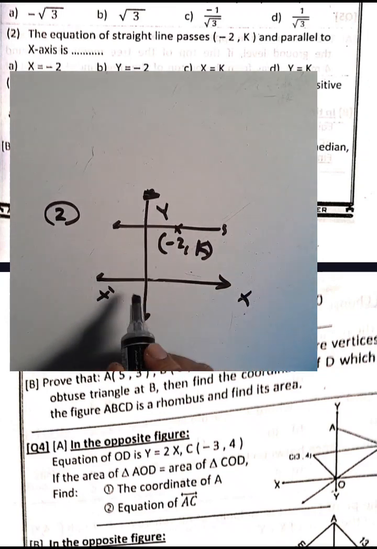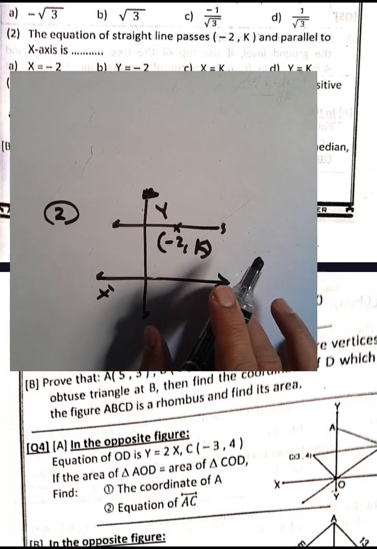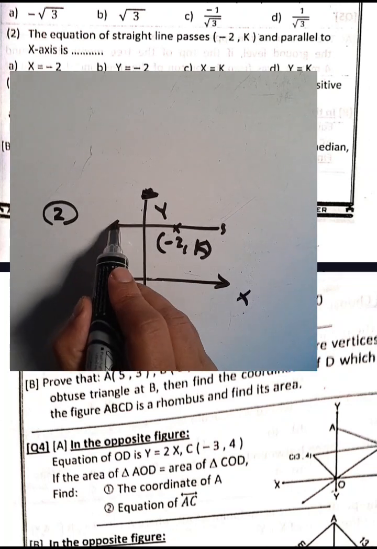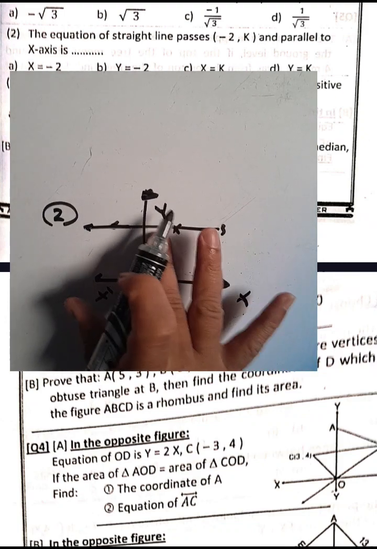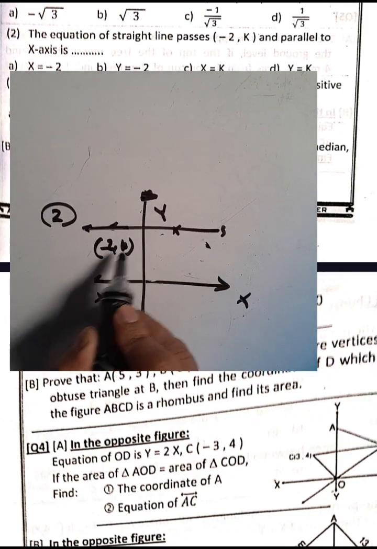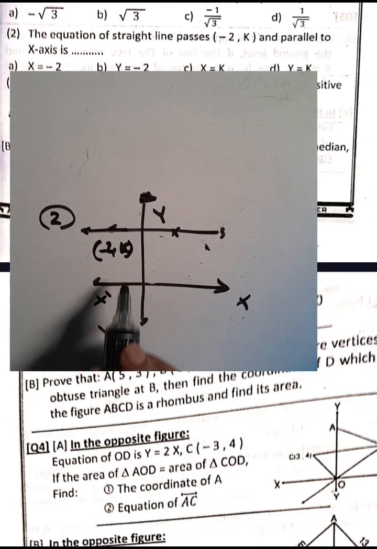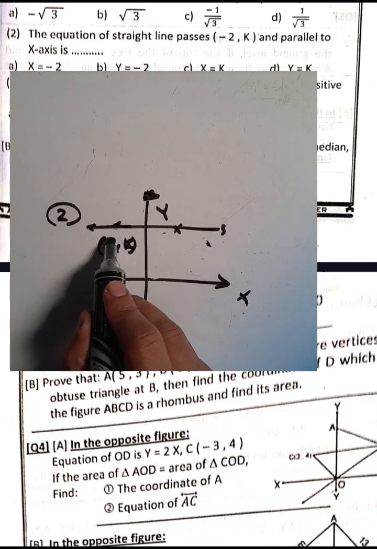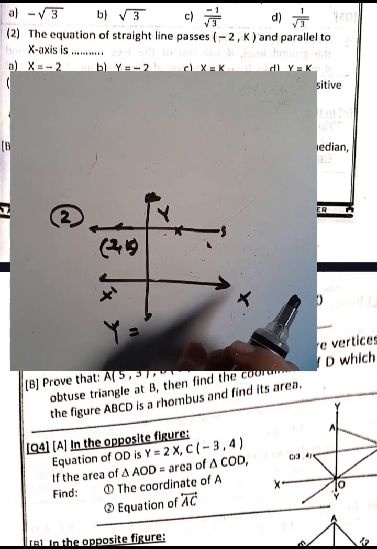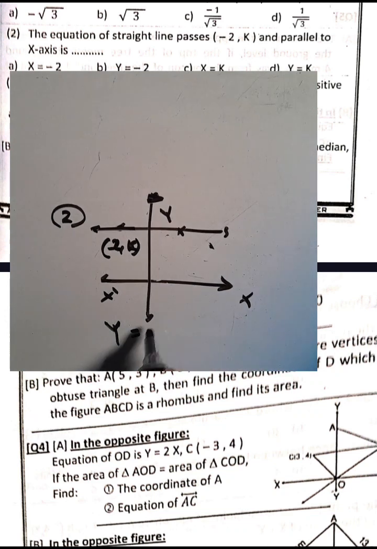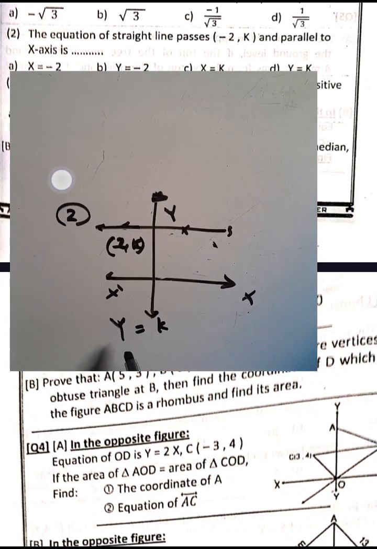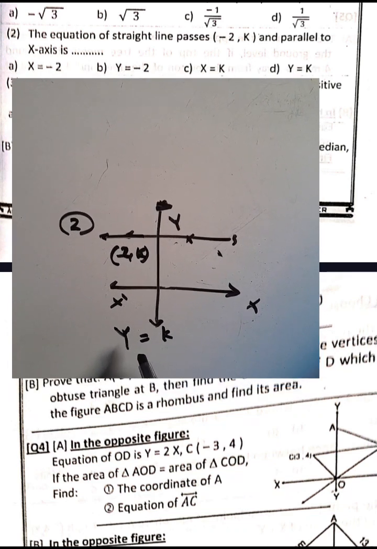The point is (-2, k). Then the equation will be y equals what? It's parallel to the x-axis, so it will be y equals k, because the slope here is 0.